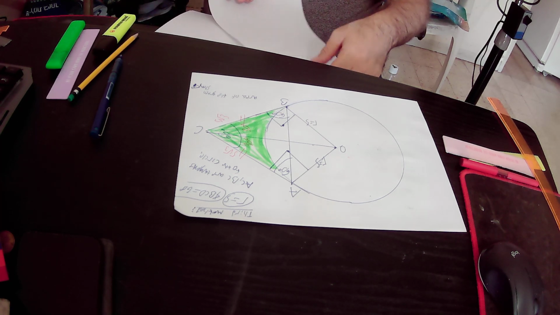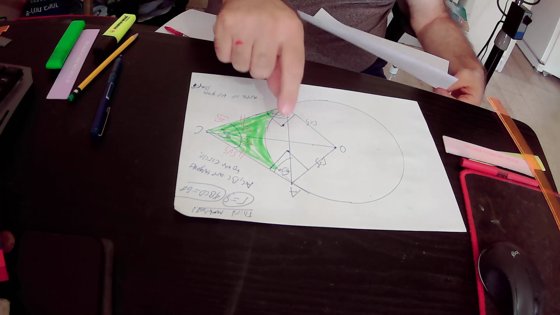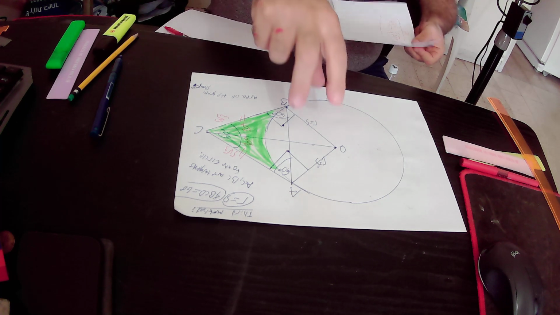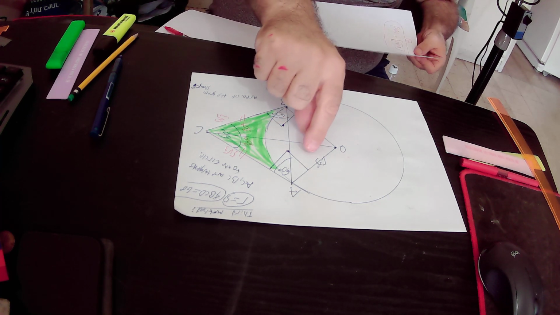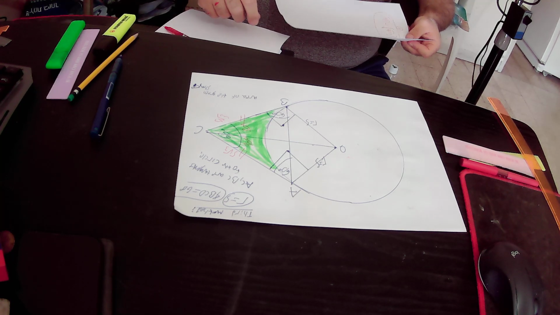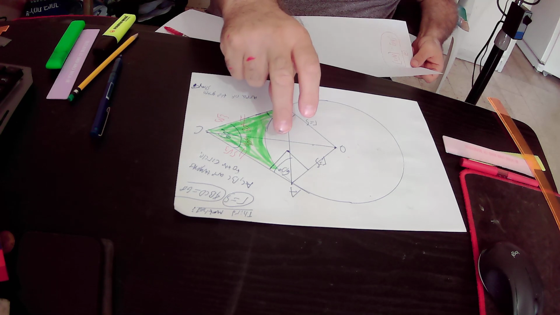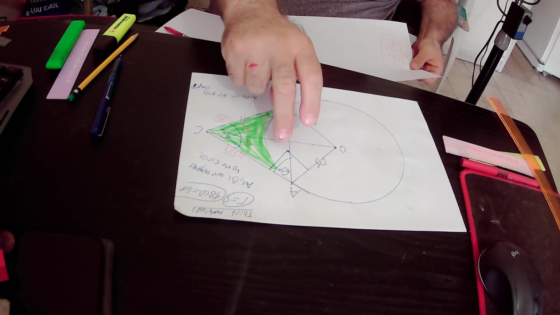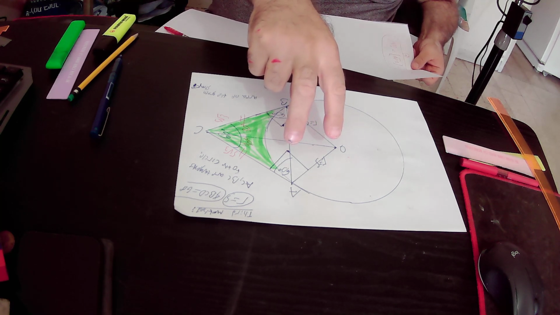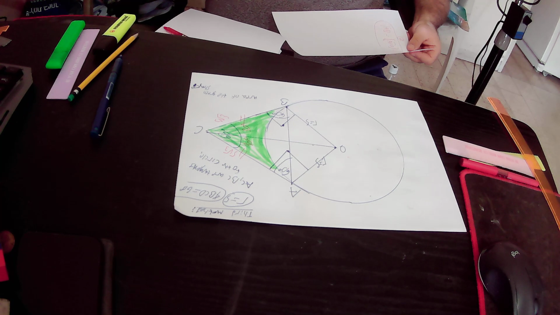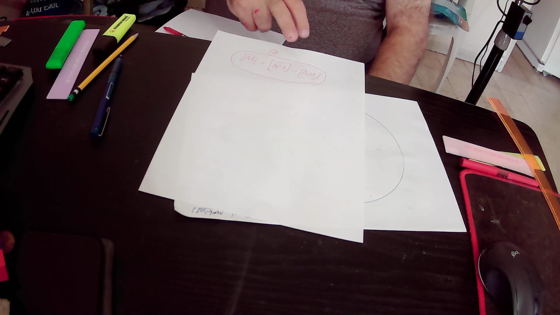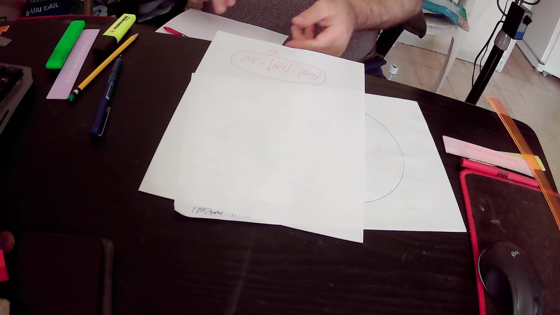Again, the area of this shape, circular segment AB, equals the area of sector AOB minus the area of triangle AOB. Very simple. How can we get the area of circular segment AB? We will subtract the area of triangle AOB from the area of the sector AOB.